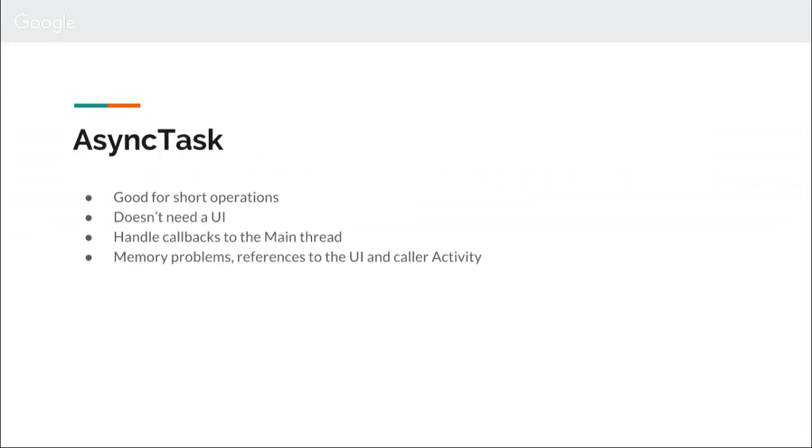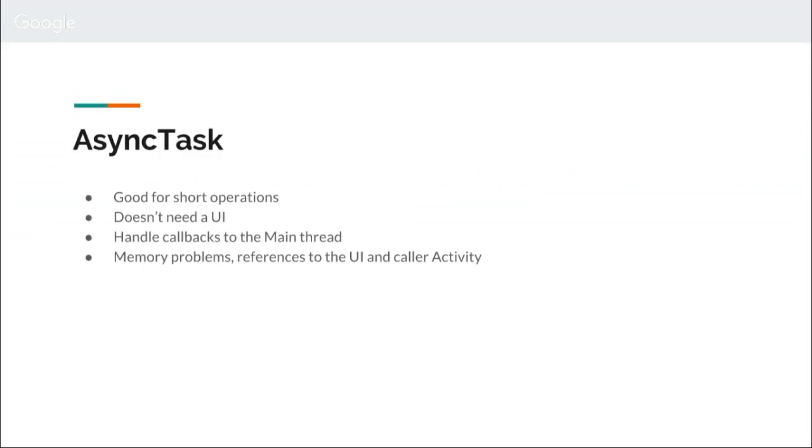Like, think there's a second fragment, and the user decides, I want to use the other fragment while this async task is working. We have to be careful about working with background threads, because if the second fragment is loaded and the thread reaches onPostExecute, it will probably try to post that to the main thread, but there's no reference to the views that the async task was working on.